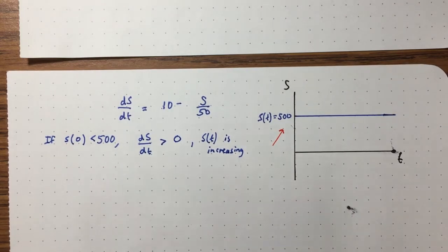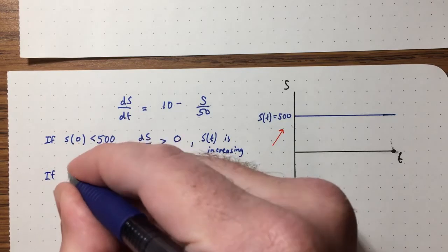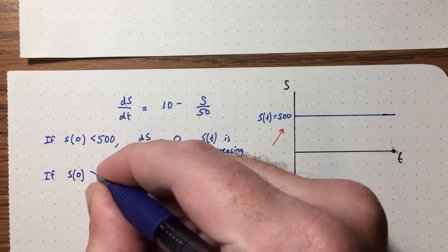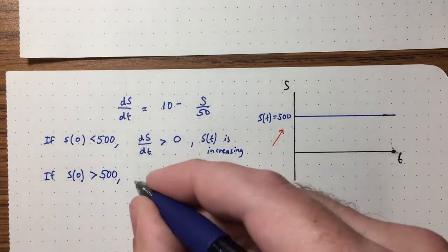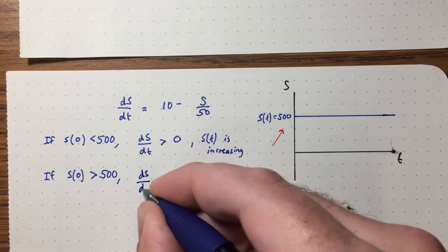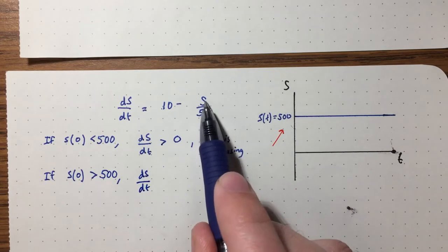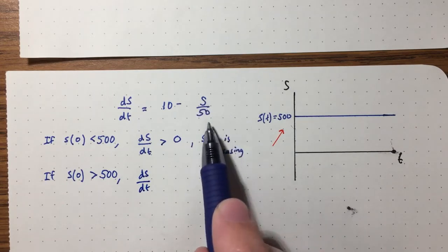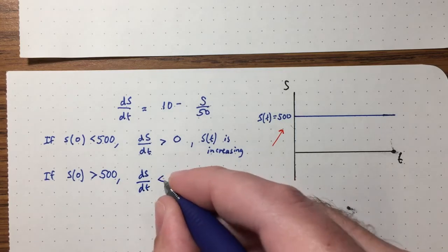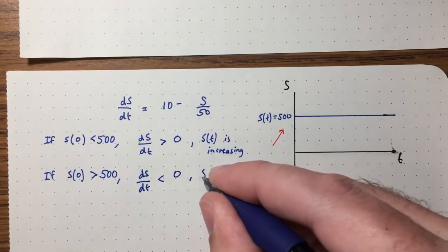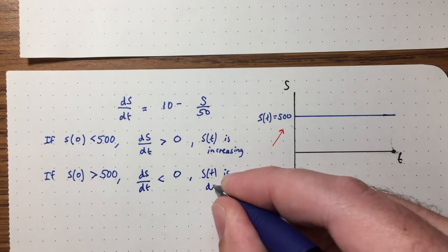Then let's do the other case really quick. What if we start out greater than 500, with more than this amount of salt? Then similarly, S over 50 is going to be greater than 10, and we end up with a negative number here. So dS/dt is going to be less than 0, and so S of t is decreasing.